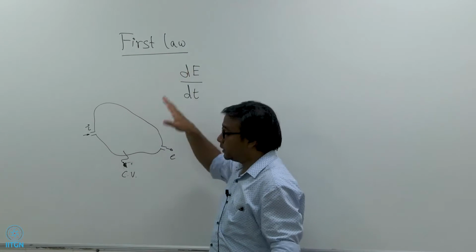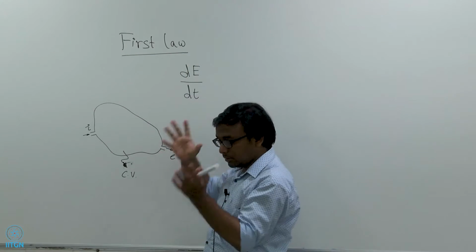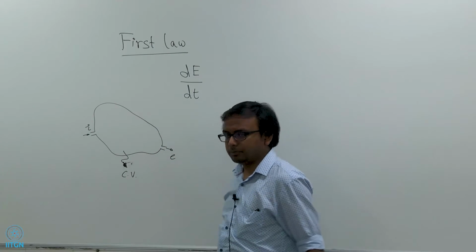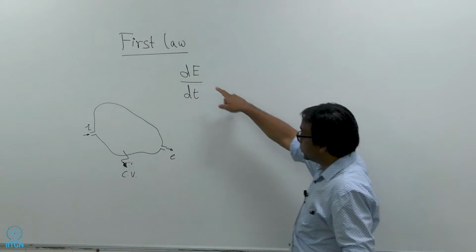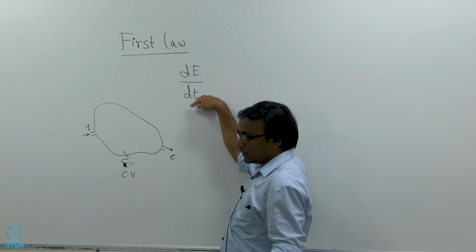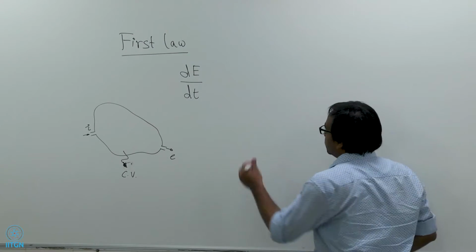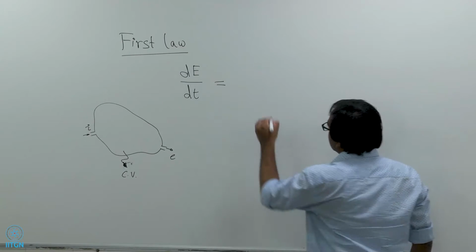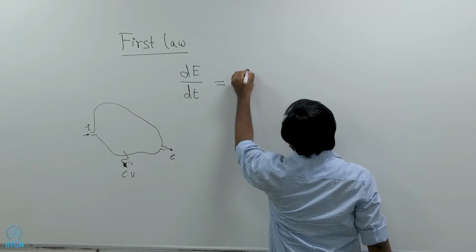It contains internal energy, but this E is the energy that is in the stuff which is inside the control volume, which includes internal energy, kinetic energy and potential energy. This is equal to, we saw, the rate at which heat is coming in.